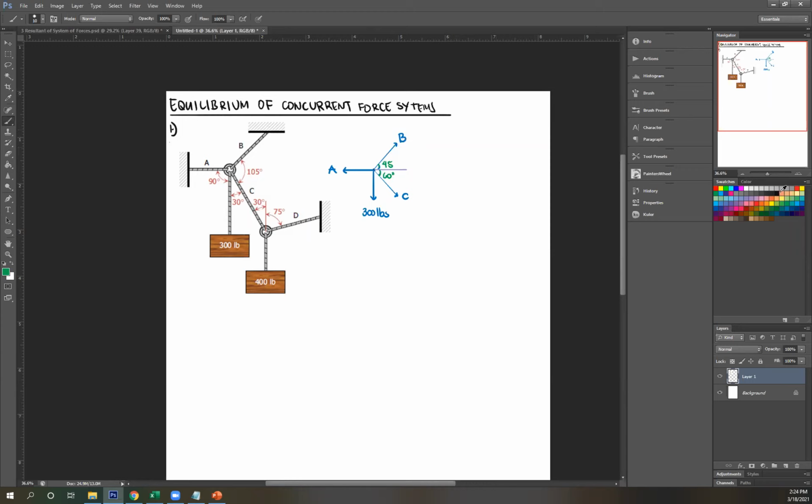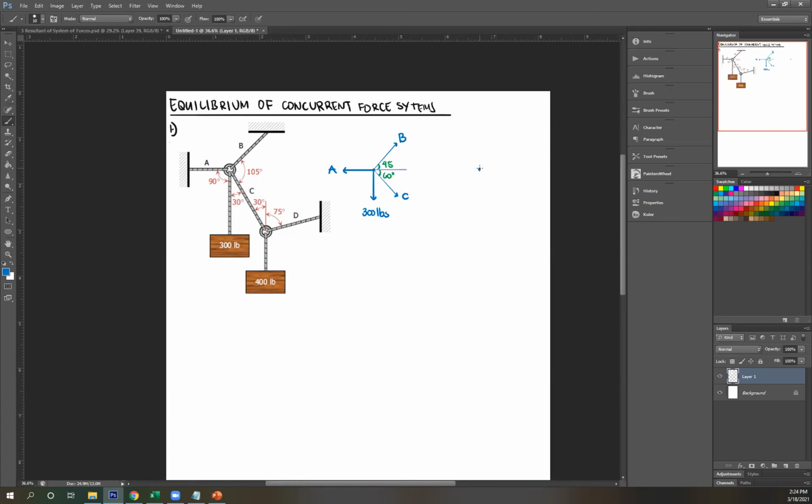So here, take note, I have a string that connects the two systems. So that means the magnitude of force for these two systems should be the same in this string, but the direction should be opposite. For example, here my direction is downwards to the right.